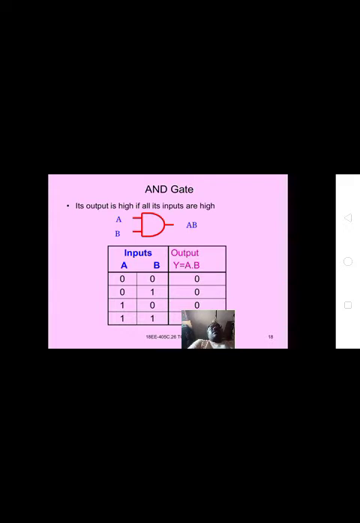Here I have given the symbol for AND gate, and the output for inputs 0 0, 0 1, 1 0, 1 1. Here I have given the truth table also, that is 0 0, 0, 0 1, 0, 1 0, 0, 1 1, 1.